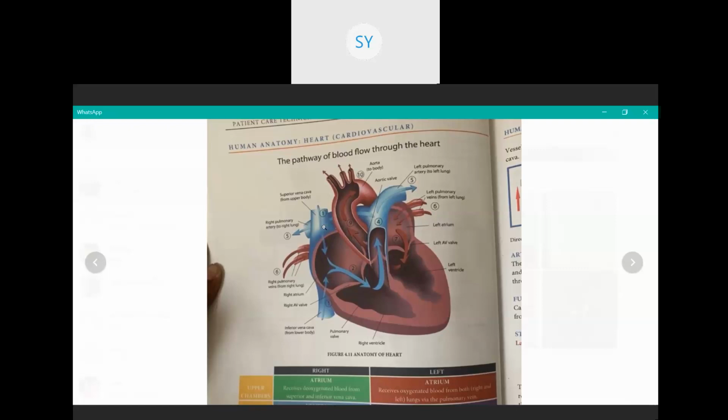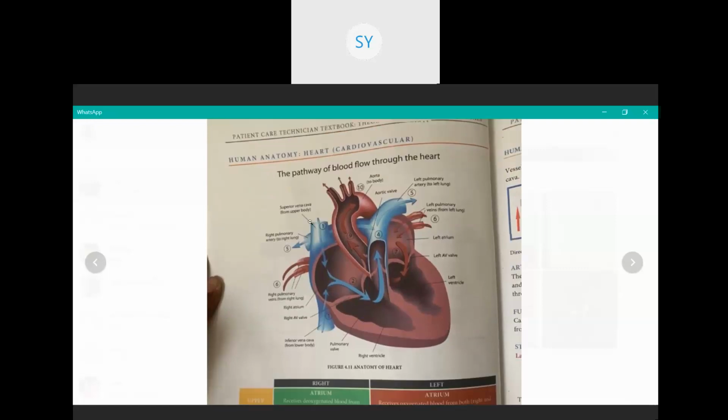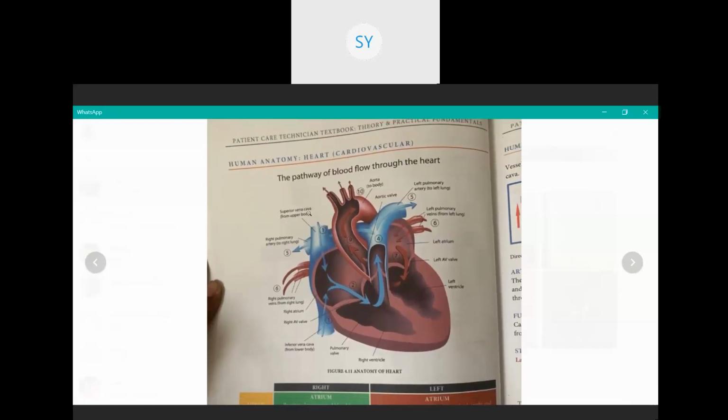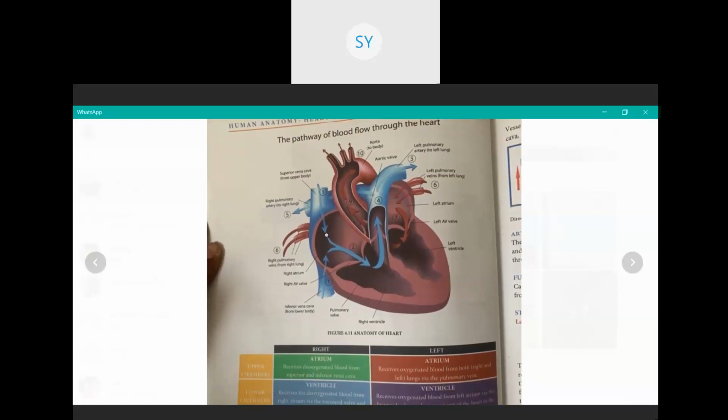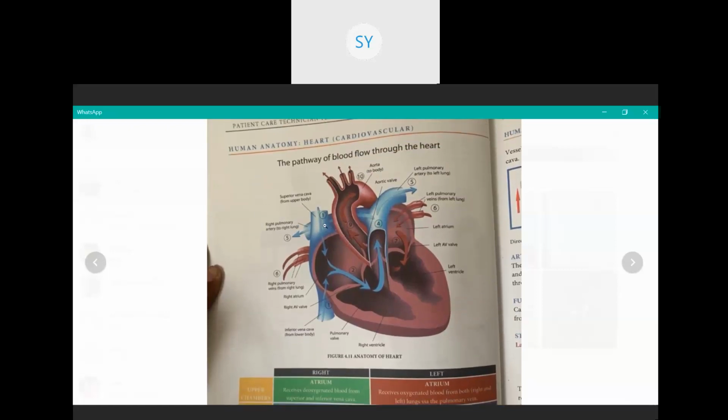From the upper part, like if you see here it is called superior, right? The upper body parts, like from your brain and from your neck, all the blood is coming to your heart with the help of the superior vena cava.